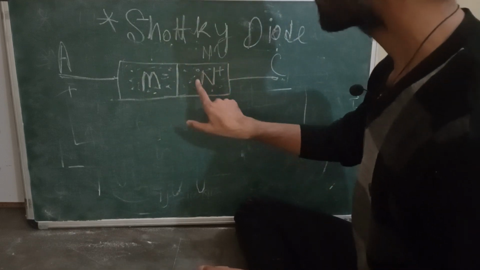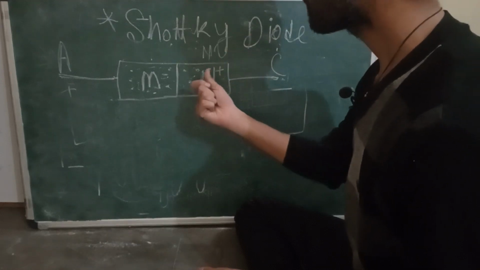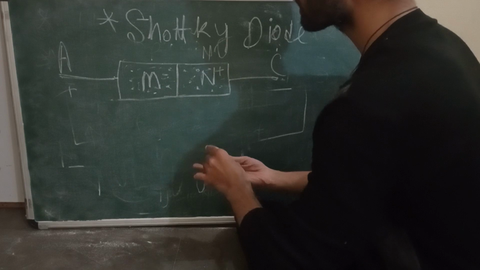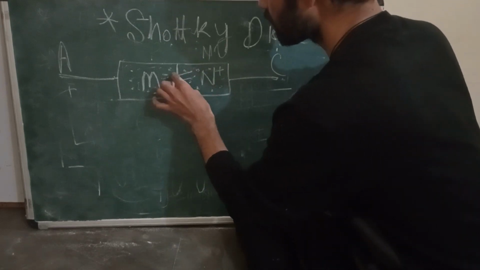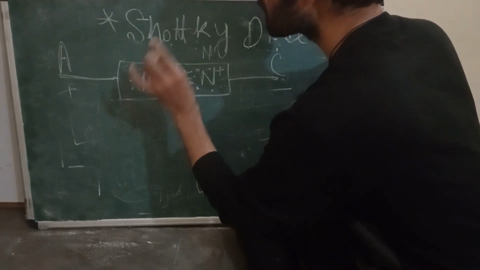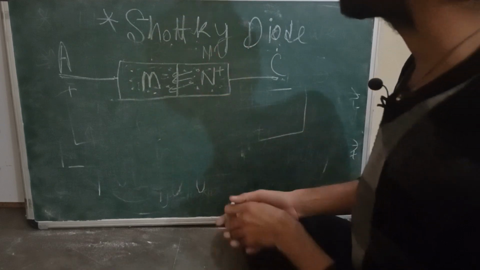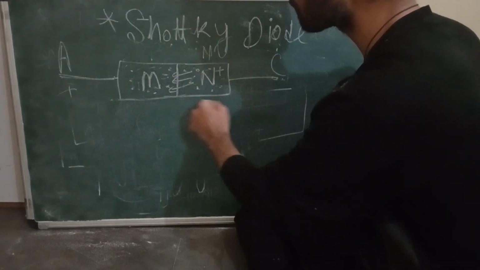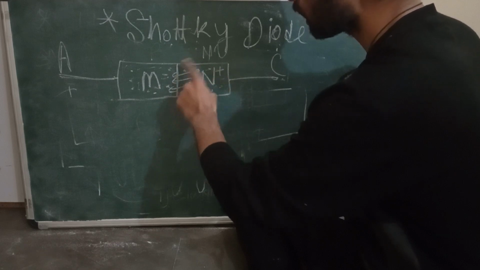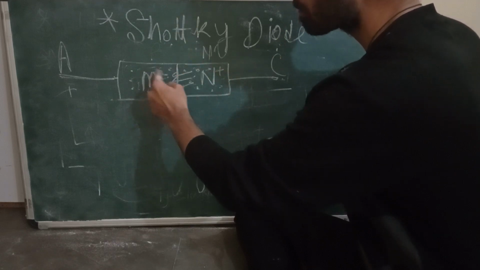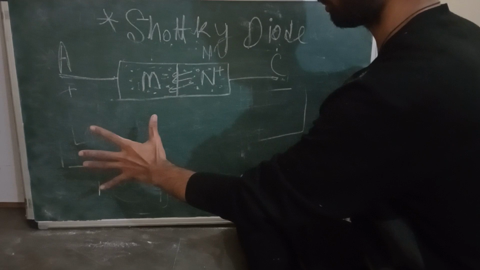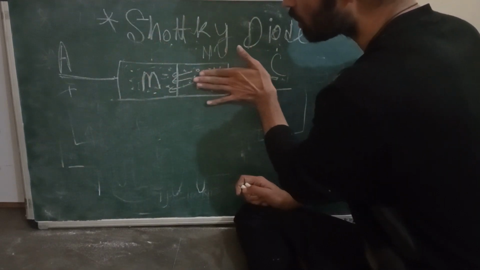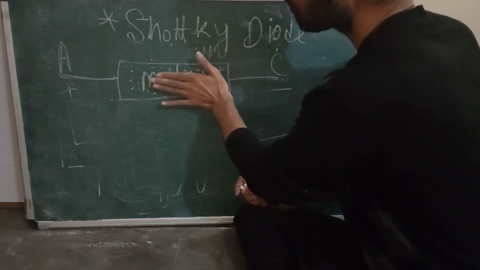The electrons in the N-type semiconductor are more energetic, so they are able to inject inside the metal, because they are not as tightly bound to each other as compared to metal. Metal has a lot of electrons. Therefore, under unbiased condition, these electrons will start injecting from the N side to the metal side.